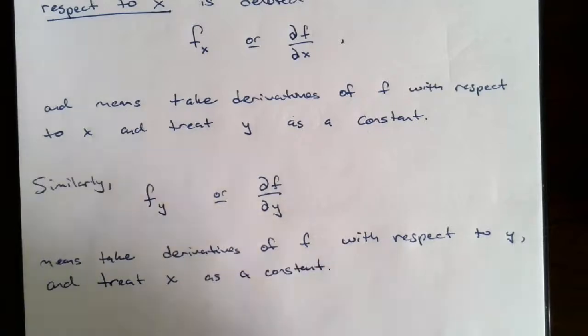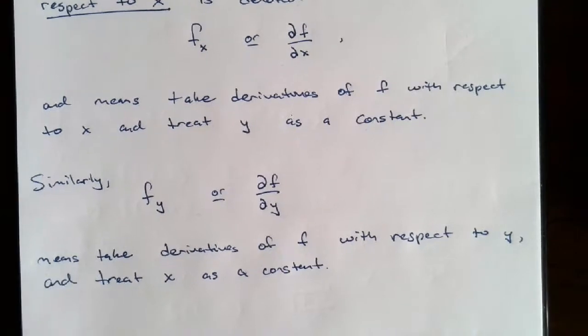So when you see these, it really means treat just the variable you see as a variable, and treat the rest of the variables as constants as you take the derivatives. So we're going to do an example.